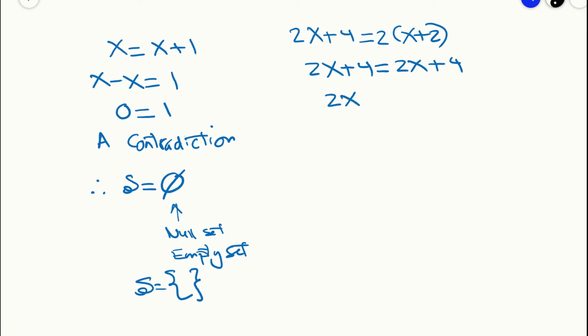Go ahead and get the x's on one side and the constants on the other side. You end up with 0 equals 0. Well, guess what? That's always true, right? This we call an identity. Notice the variable fell off, right?